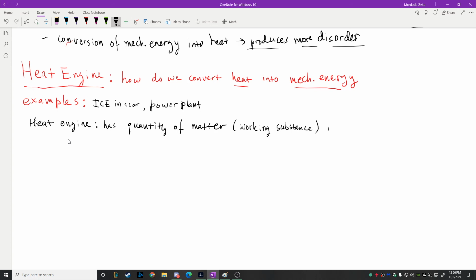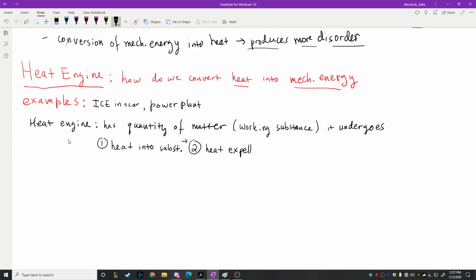It undergoes a process that basically looks like this. It starts off as heat comes into the substance, followed by the heat being expelled to some external system.